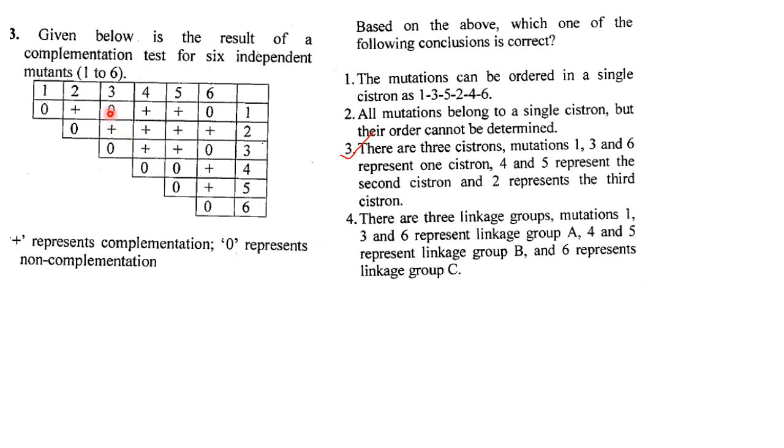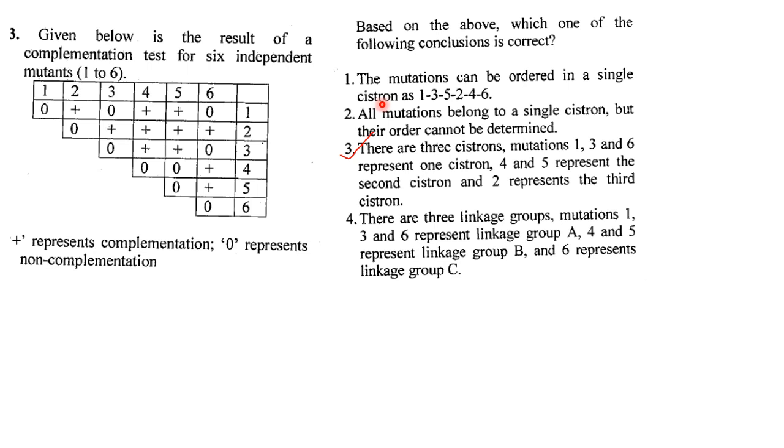Then 3 and 6 in the third row have already been taken in the first row, so that is not grouped here. Then 4 and 5. Then comes 5 and then comes 6, which have already been grouped. So you have got 3 groups: 1, 3, 6; 2; and 4, 5.